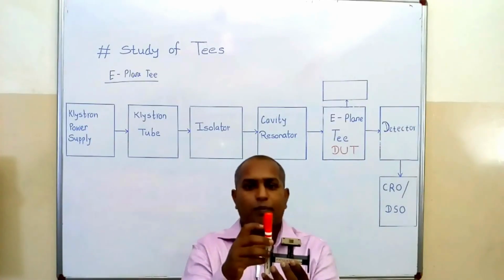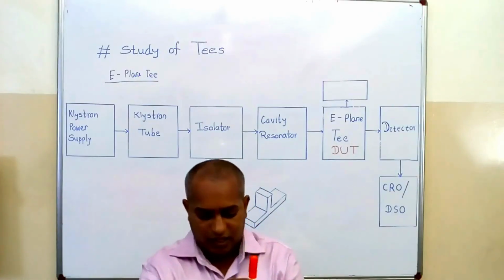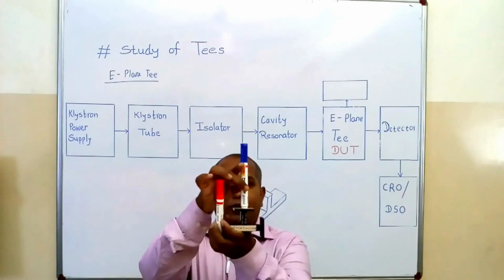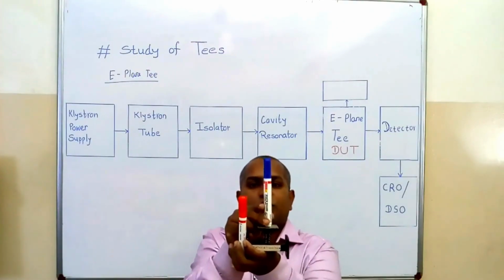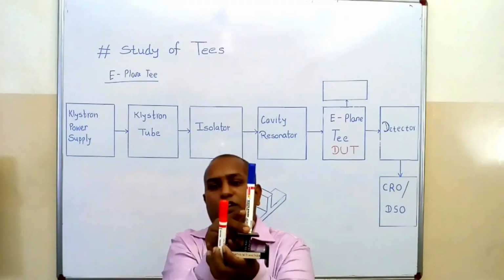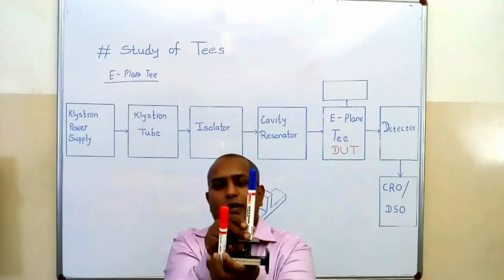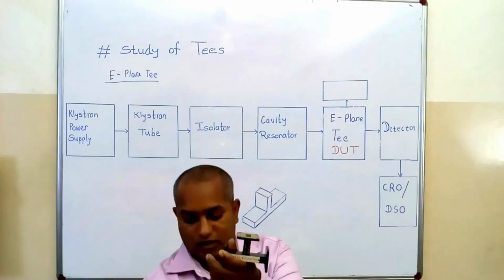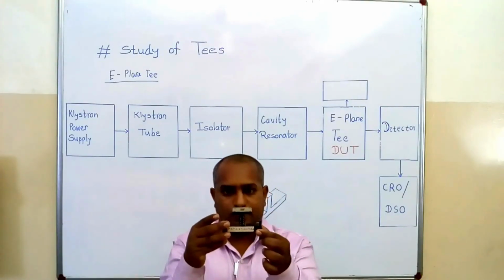My pen cap is the direction of the electric field. And here the axis of my side arm is the blue pen, and the red pen is the electric field direction. So here the axis of the side arm is parallel to the electric field. That's why this plane tee is known as an E-plane tee.